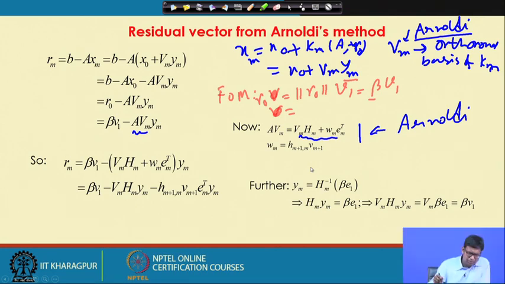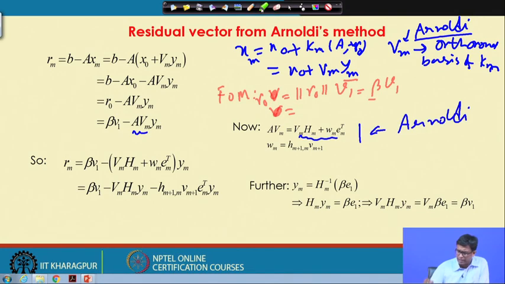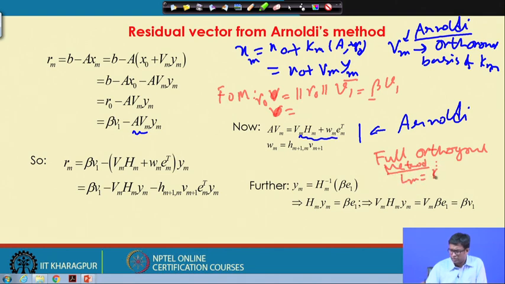So, this is using the fact that full orthogonal method or Arnoldi's method for solving linear equation gives L m equal to K m and R m is orthogonal to K m.